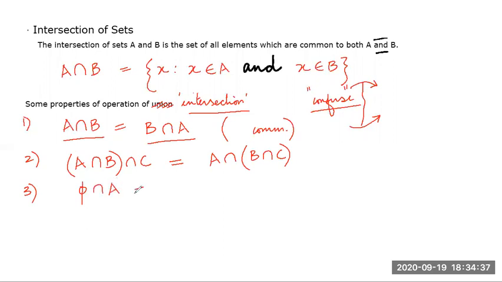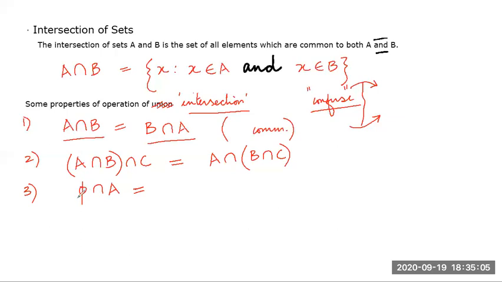And the third one, phi intersection A. Can you say this will be equal to common elements between phi, no element, here so many elements. So this will be equal to, yes students? A. No, I cannot take elements of A because those elements are not there in phi. The elements of A may be 1, 2, 3, 4, 5, but they are not in phi.